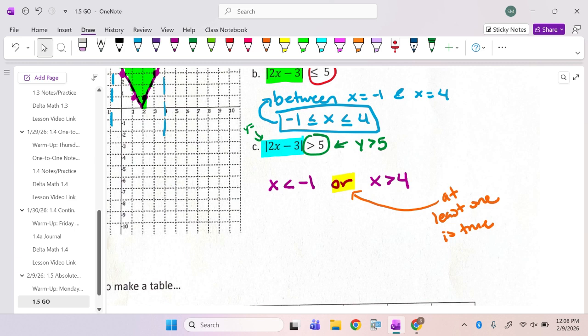So, these numbers are not just, oh, that's just because it fit in the shading. There's actually a reason behind it. If we actually plug in these numbers, we would get numbers either greater than or less than 5, depending on what we're shooting for. All right? So, it's all about where it falls in the shading.